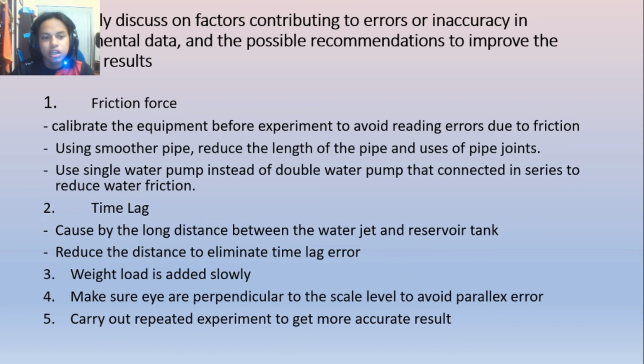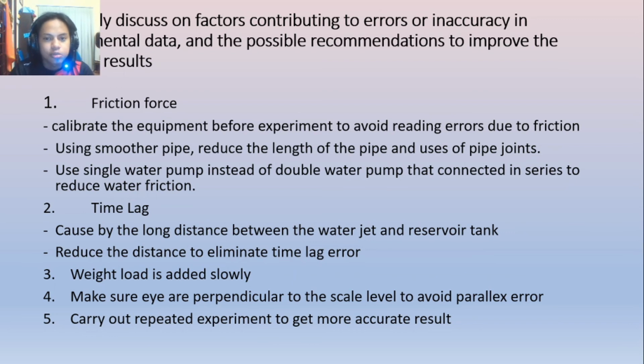Secondly, we can use a smoother pipe, reduce the length of the pipe, and reduce the use of pipe joints. Lastly, we can also use a single water pump instead of double water pumps connected in series to reduce water friction. The second error will be time lag caused by the long distance between the water jet and reservoir tank. To overcome this, we reduce the length of the returns to eliminate time lag error.